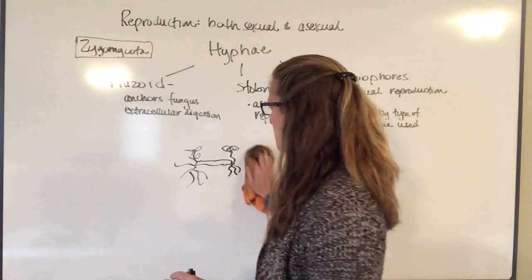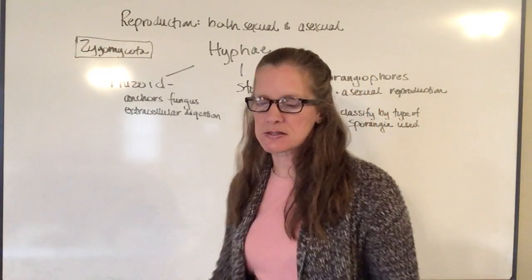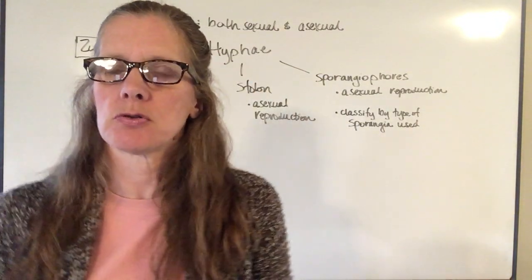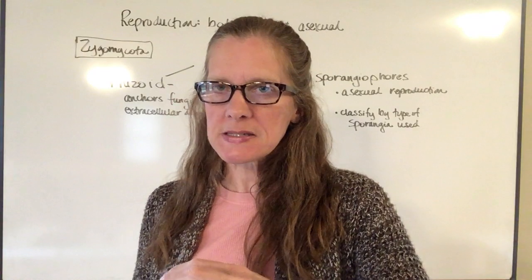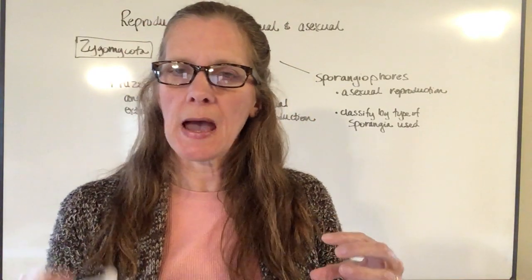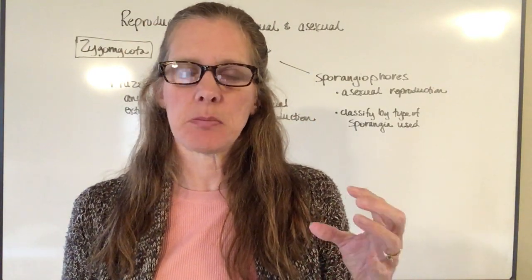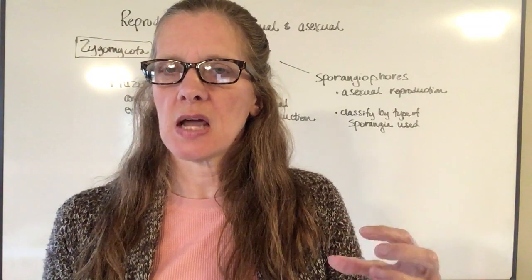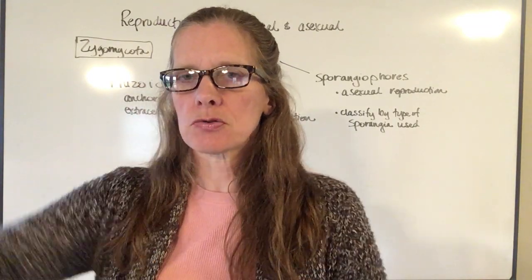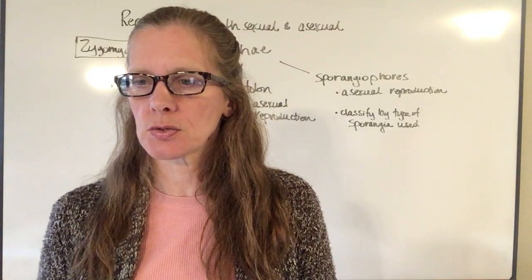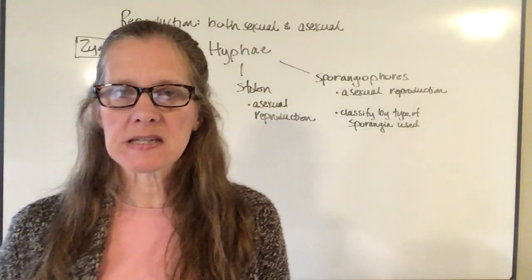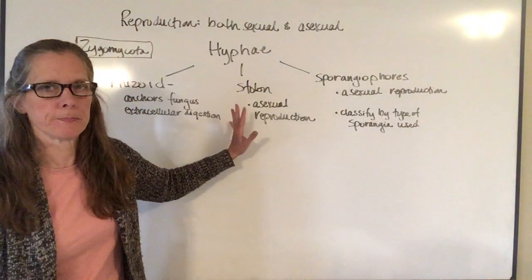They're not the same, but I use that as an analogy to help you understand kind of what's going on. That stolon goes out from one mycelia, and it's going to have exactly the same characteristics, the same genetics of the original mycelia. It goes far enough away, it goes down, makes its own mycelia, makes a new fungus. Okay, so that is asexual reproduction in your stolon.